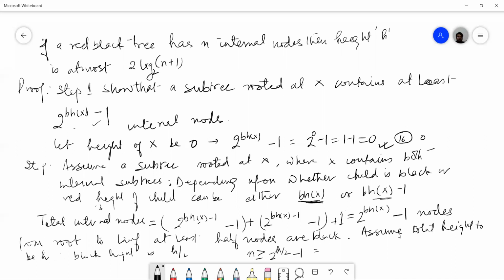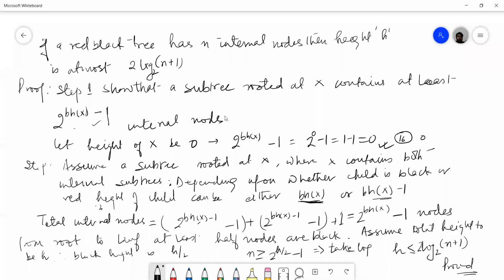Okay. So take log and we get h is less than or equal to 2 log (n plus 1). We take log both sides.